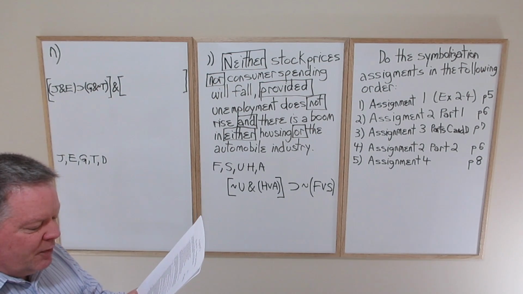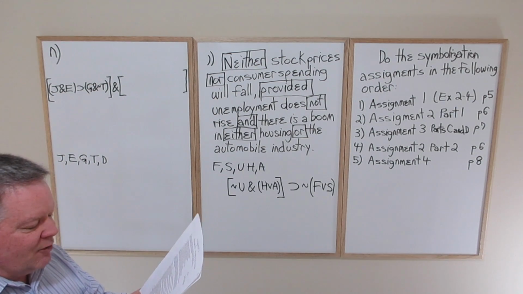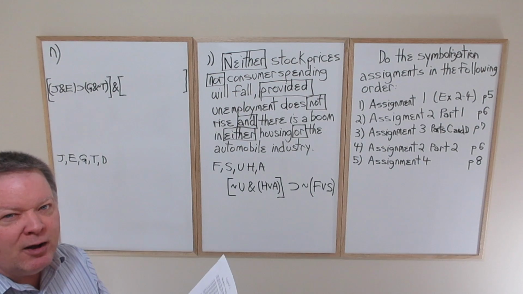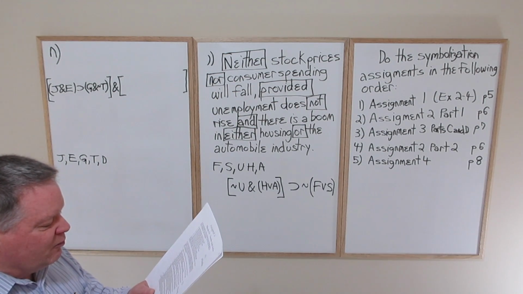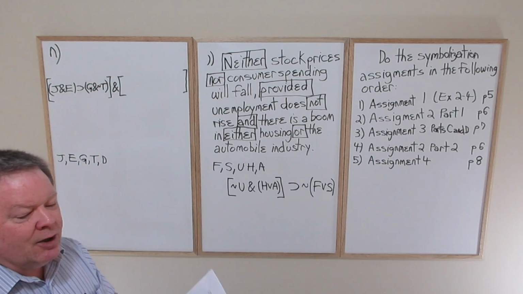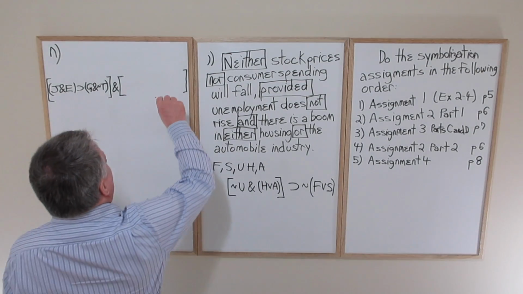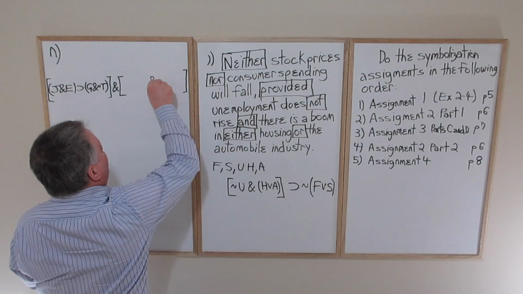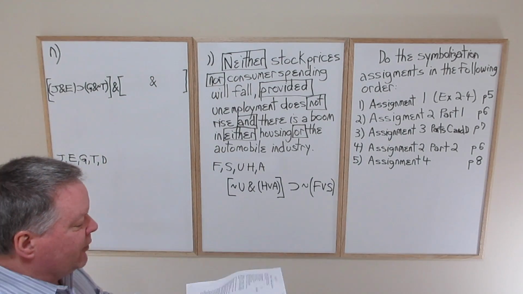The deficit will be reduced only if taxes are raised and government spending is not increased, comma, there's an important indicator, and the economy will improve if and only if the deficit is reduced. So in the second half, the comma and tells us that we've got a conjunction in that second half.